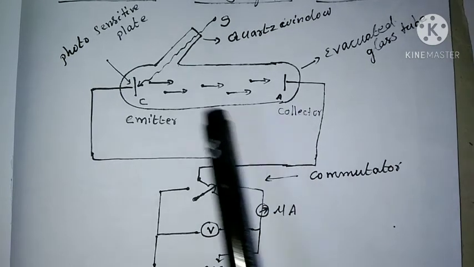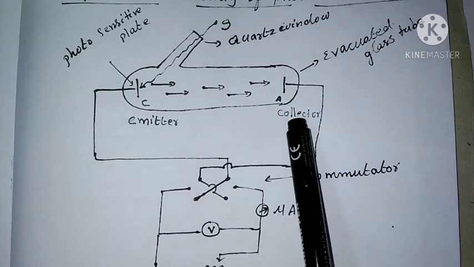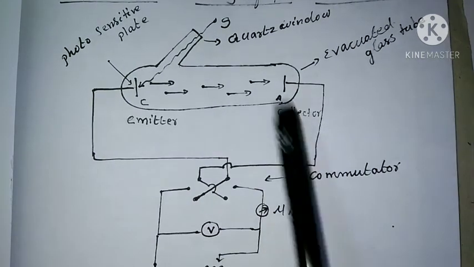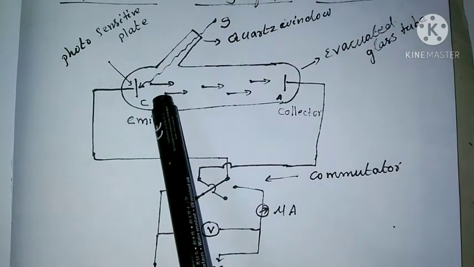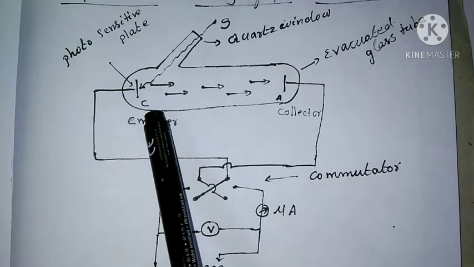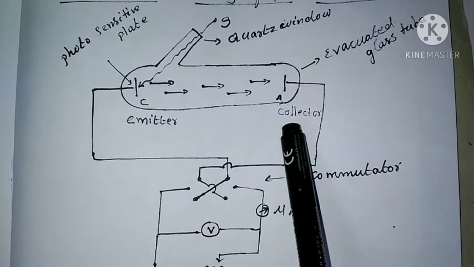At this stage, the photocurrent becomes maximum. That is, for the fixed intensity, all the electrons from the emitter are collected by the collector.